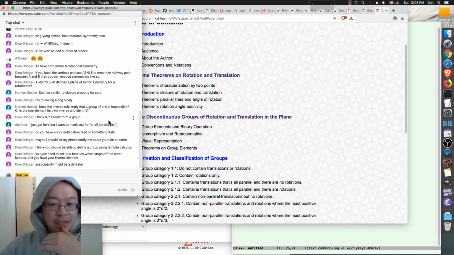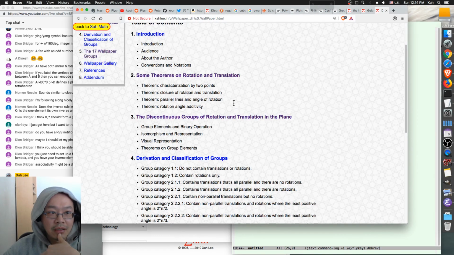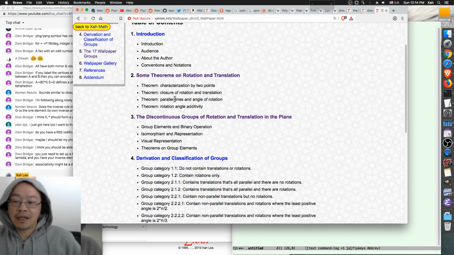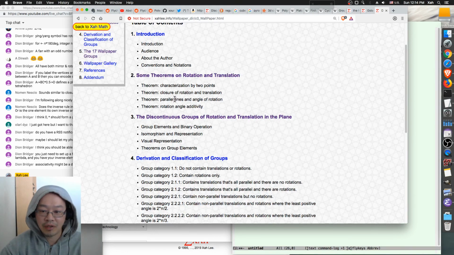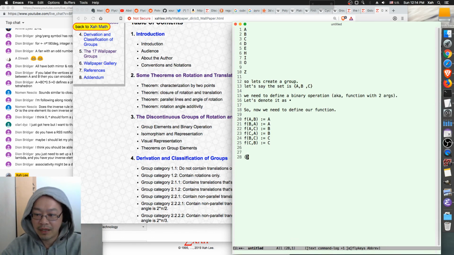So let me read the comments. Does the inverse rule imply that a group of one is impossible? Group of one? No, it's possible. All you have to do is that the element multiplied by itself equals the identity element. Let's say we have a group and the only element is E. We define a binary operation, E times E equals E. Does that satisfy the inverse?